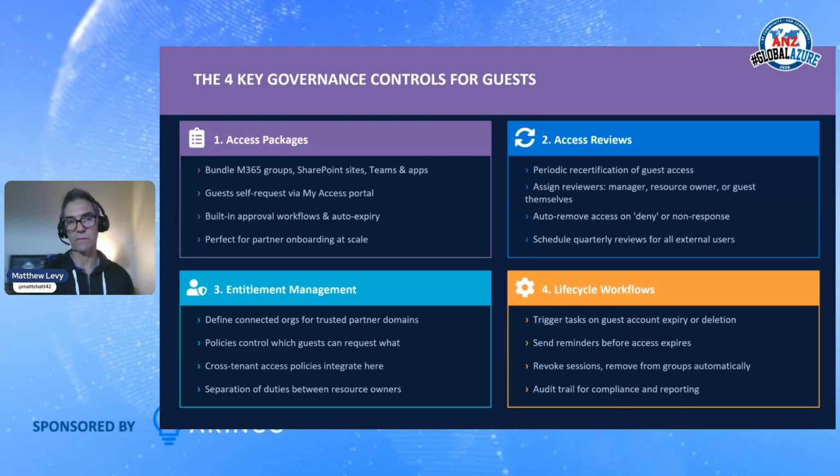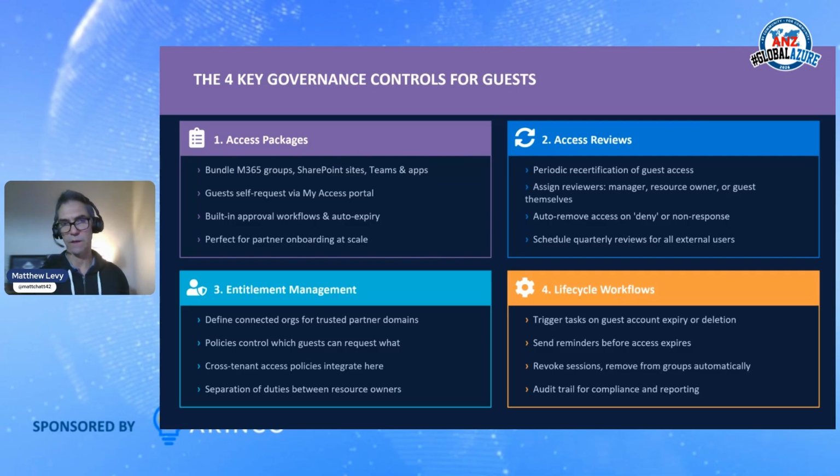This also incorporates the cross-tenant access policies that you may have set in your tenant. And then lifecycle workflows let you automate what happens at key moments. So there are trigger points or trigger moments when an access package will expire, or when a guest account is flagged for removal, or when you want to send a reminder before access is revoked.